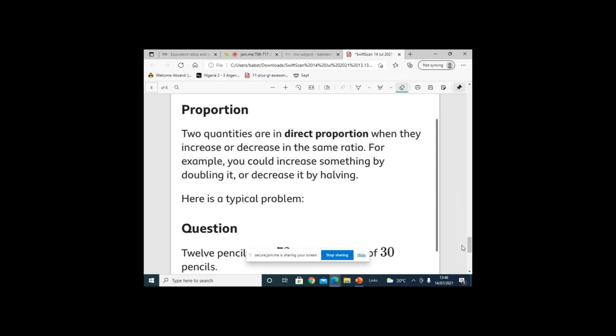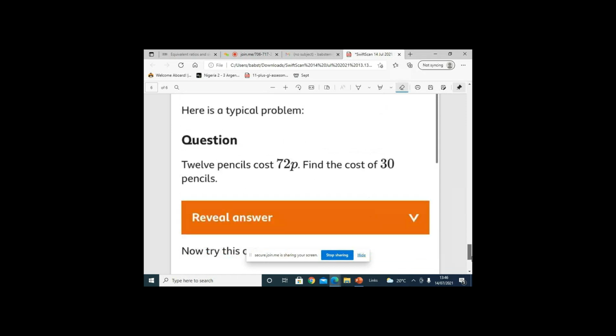Let's just do some questions here. Look at this one now. It says 12 pencils cost 72p. Find the cost of 30 pencils.